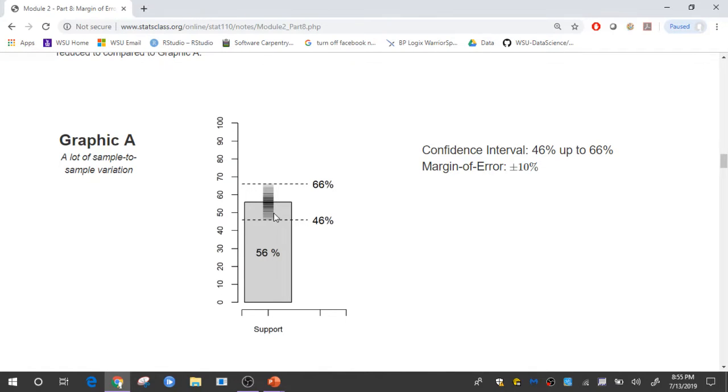So that would be my confidence interval, just the degree to which that bar varies over the repeated sampling. Now the margin of error again is just going to be the distance from the upper edge to the middle. So the middle of this range is going to be 56%. So 66 minus 56 is just 10%. So my margin of error is going to be plus or minus 10% here in what we have on the screen.